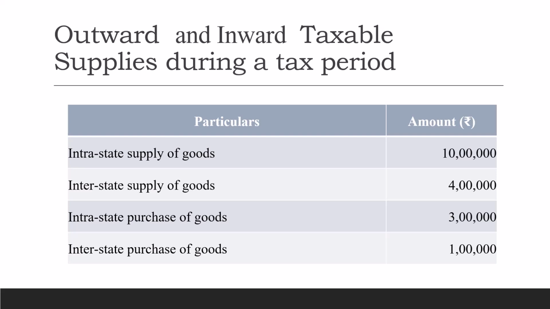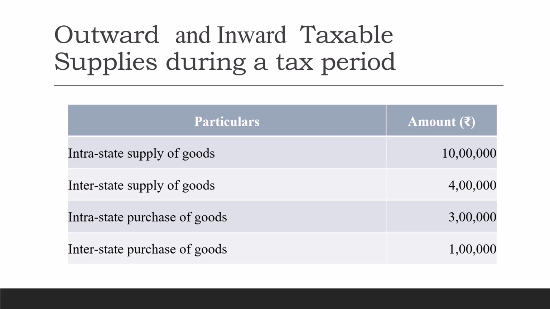So we have to see how much GST liability he has got, how much input credit would be available, and how much he has to pay. Okay. So input tax credits. These are the opening balances of input tax credit he has.